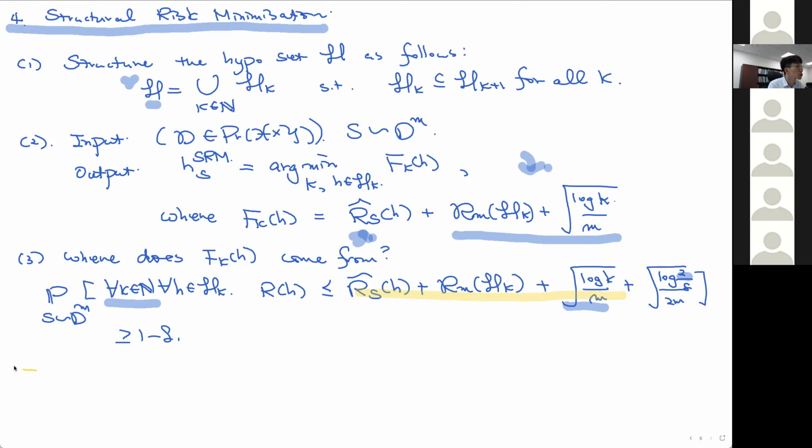So is it really good? That's the question that we can ask. And of course, whether it really works or not is the most important part, and that's an empirical question. But theoretically, we can also see the results. So we can put a bound on the structural risk minimization.